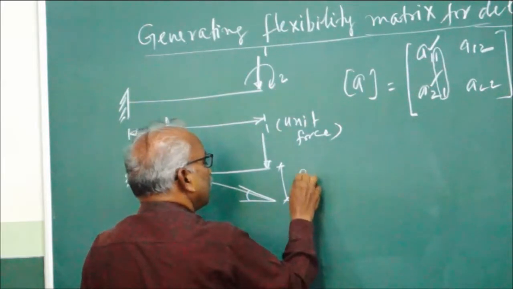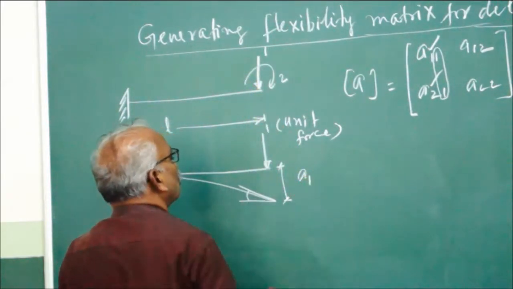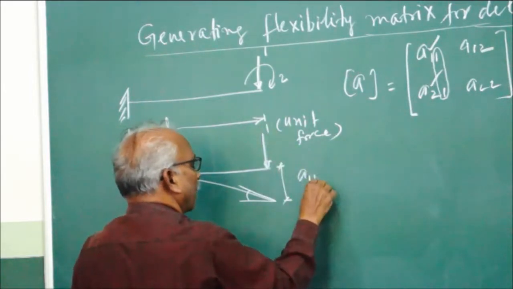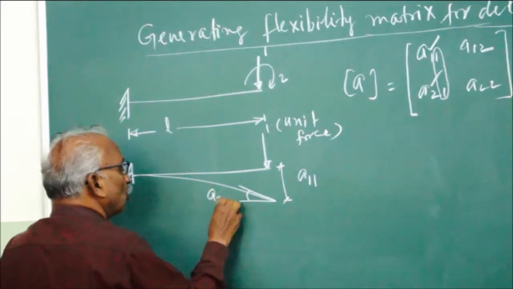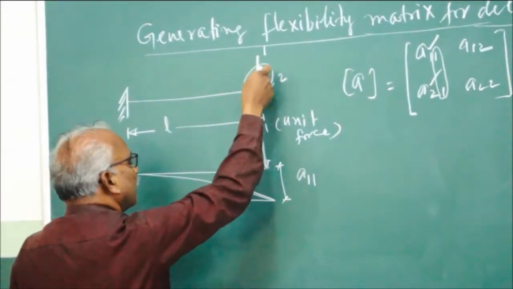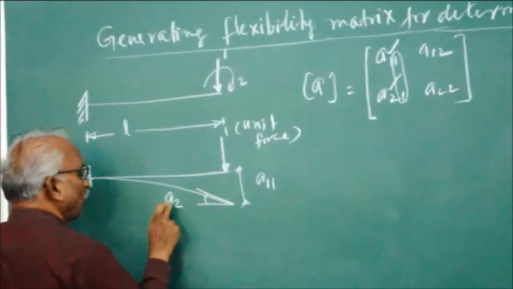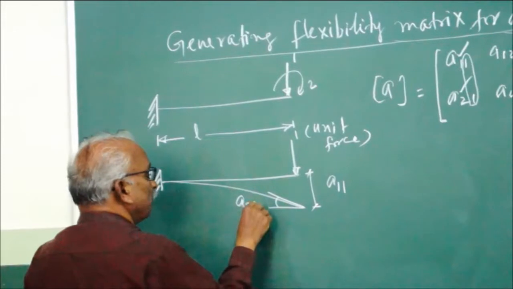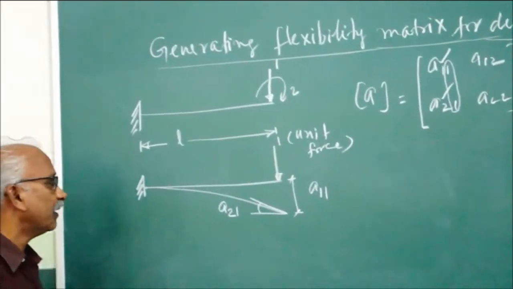Now this is the displacement along coordinate 1 due to unit force along coordinate 1. This is the displacement along coordinate 2, the coordinate 2 rotation. So rotation or displacement along the coordinate 2 due to unit force at 1. So this will form the first column of the flexibility matrix.